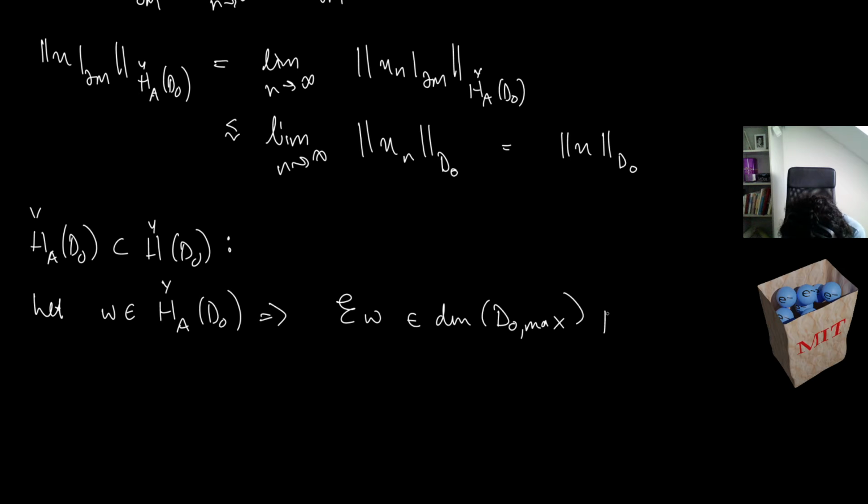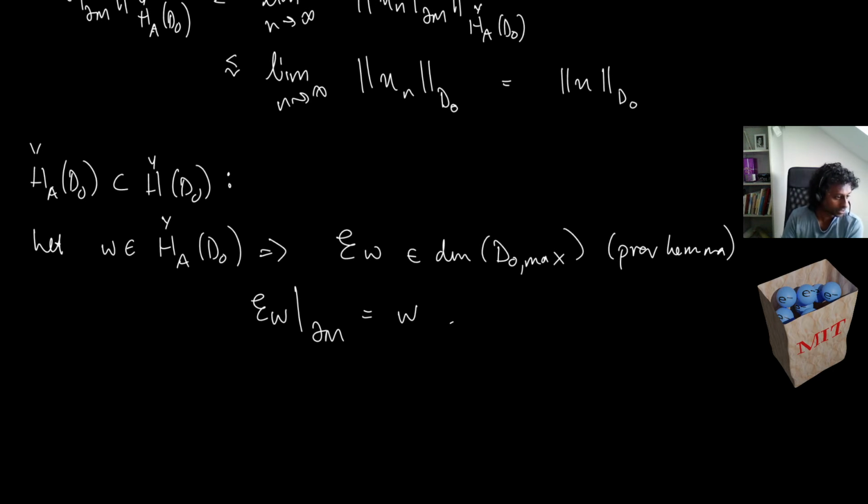So this is the previous lemma. And also we have EW restricted to the boundary is equal to W. So this shows the opposite containment. Okay?